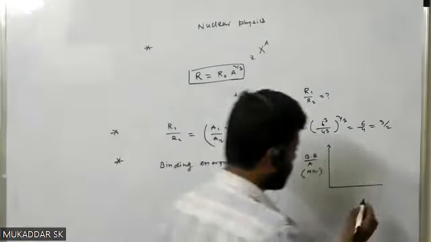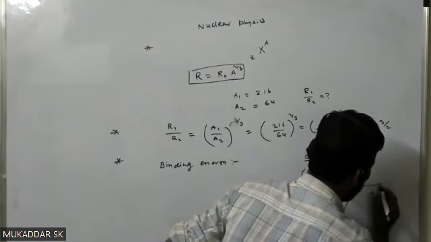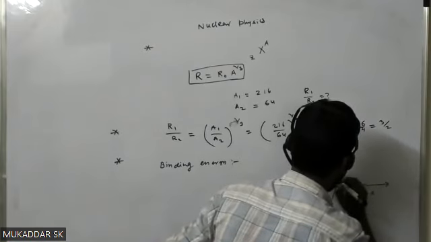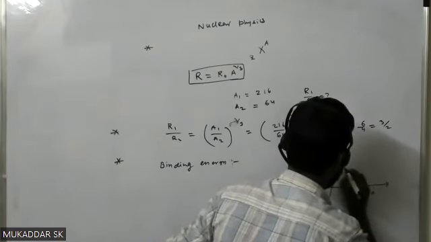If you see, binding energy per nucleon actually varies with mass number. See that plot, it is like that.